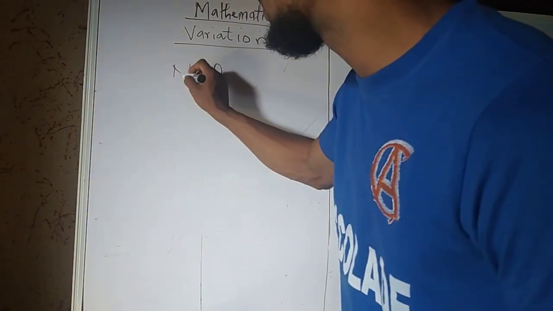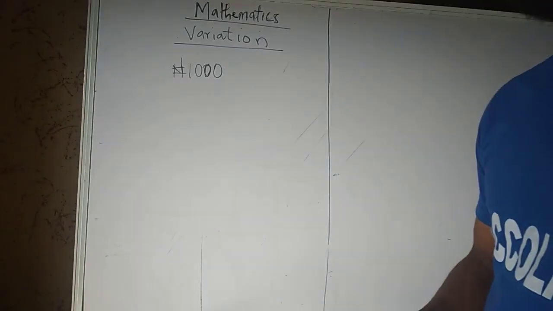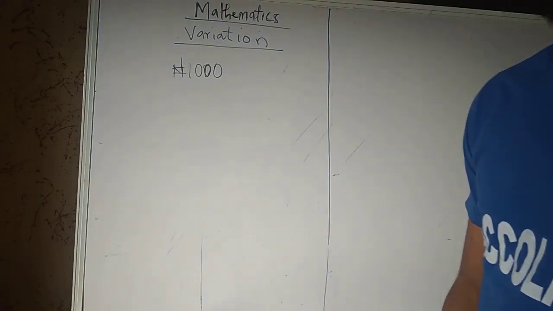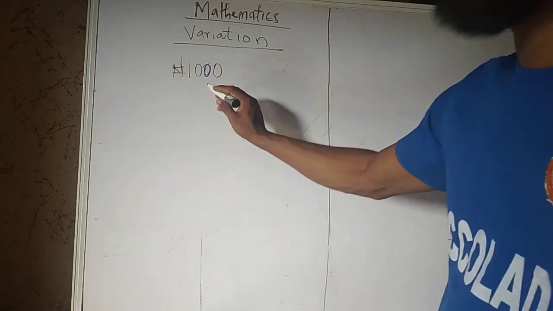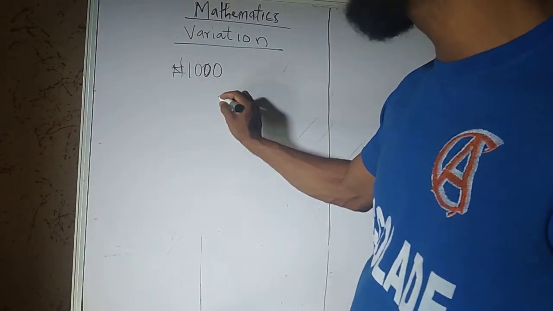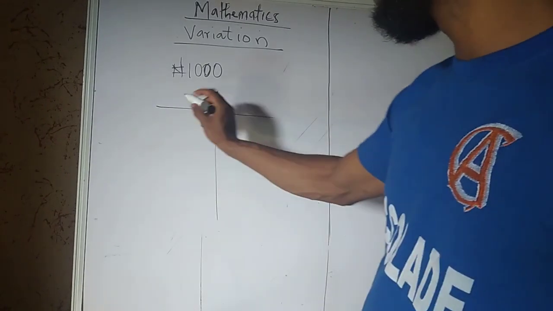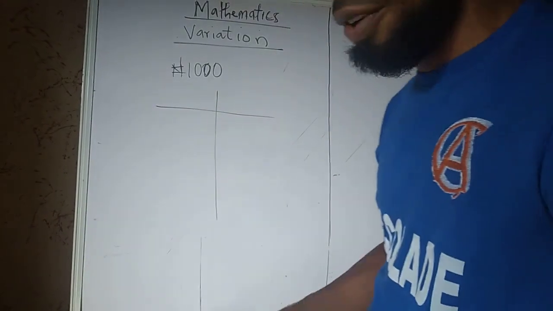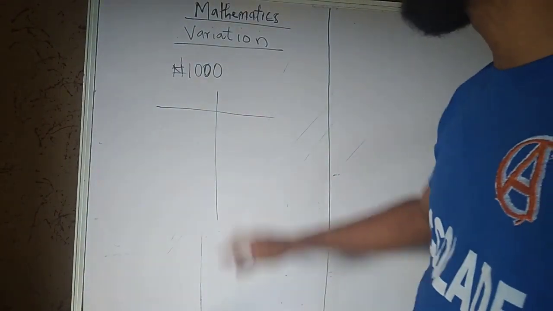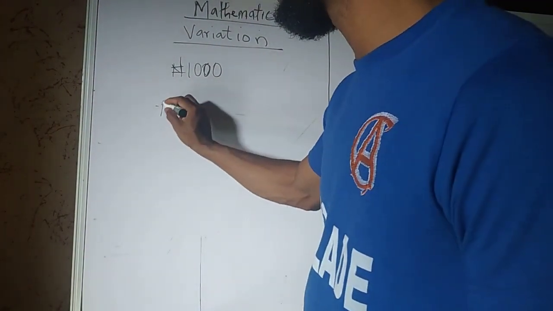So there's a budget to feed a family with 1000 naira a day, and this budget is not changing anytime soon. But we choose to eat rice. A cup of rice is 100 naira. Let's assume that.